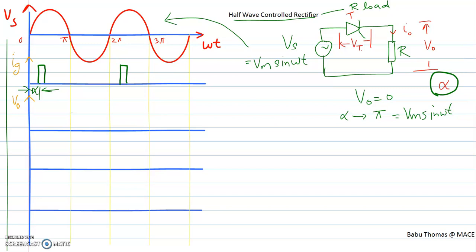So I can plot my output voltage like this. This is my output voltage V0, from alpha to pi.